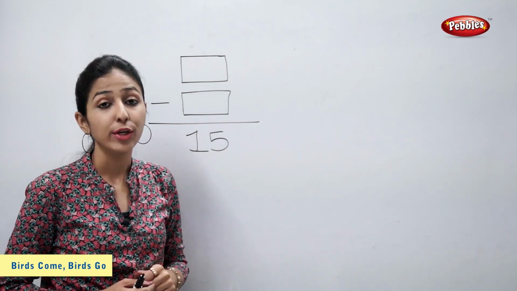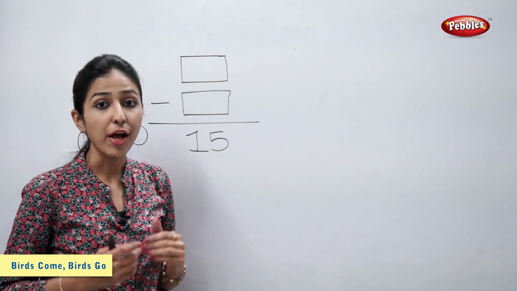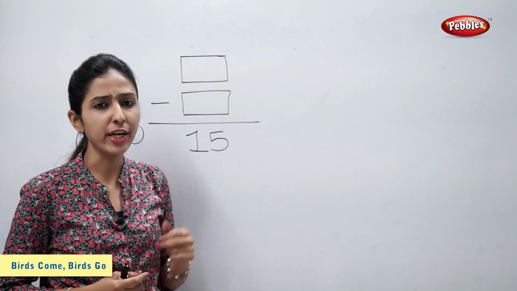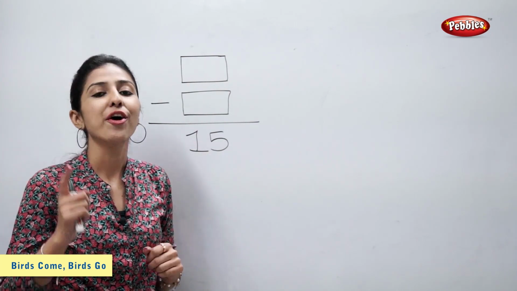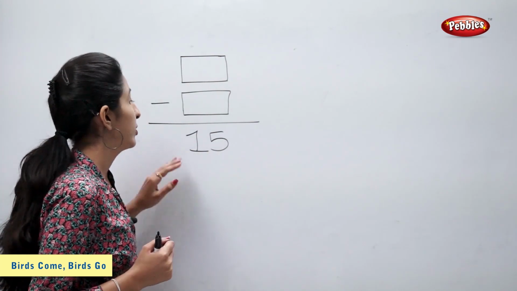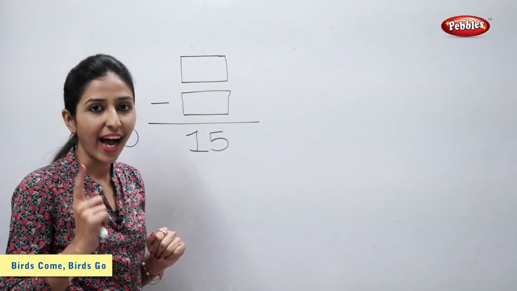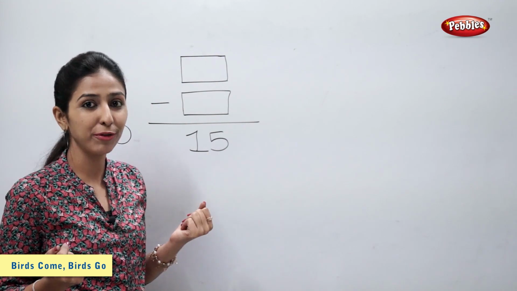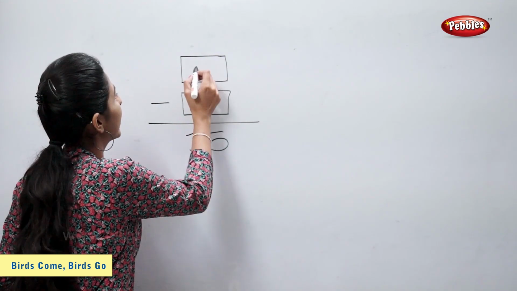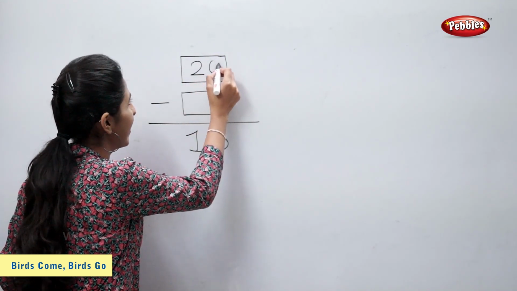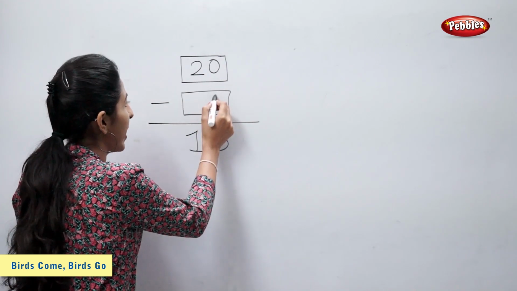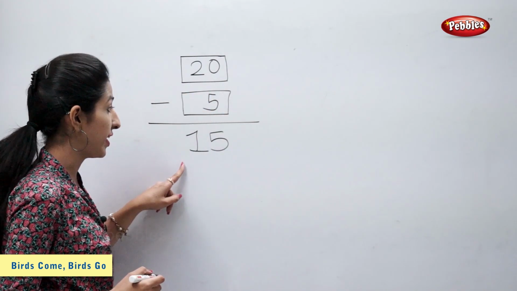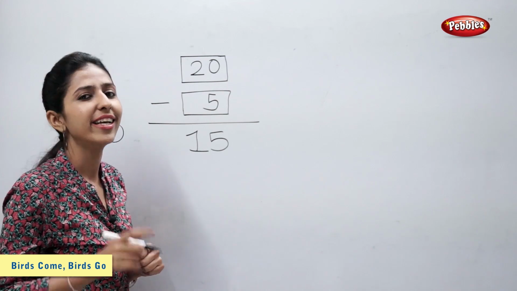Remember students, to get a particular number, we can use combination of any two numbers. For example, to get 15, I can say 20 minus 5 is equal to 15.